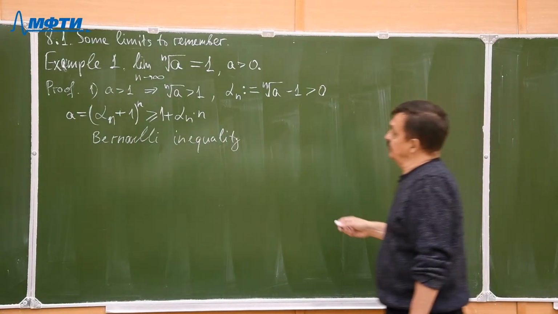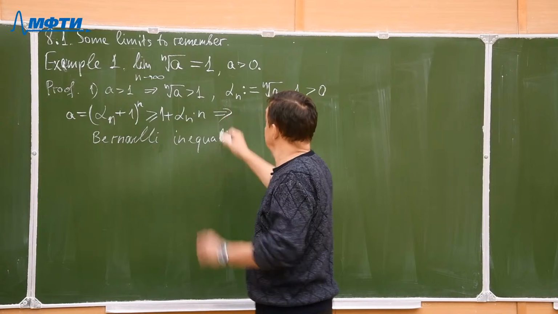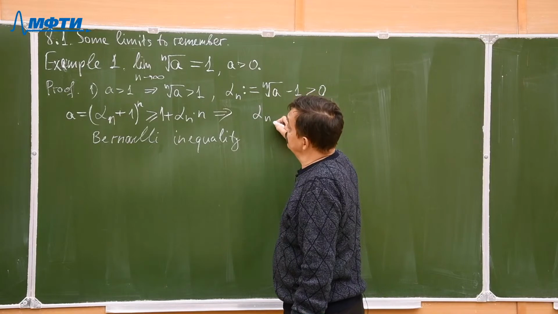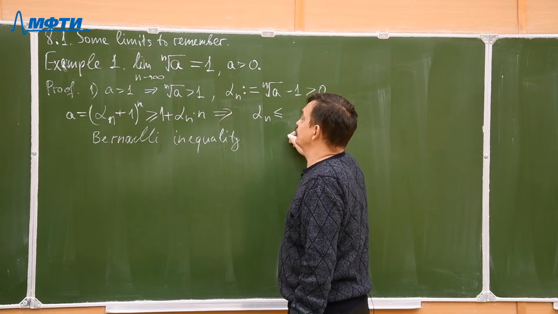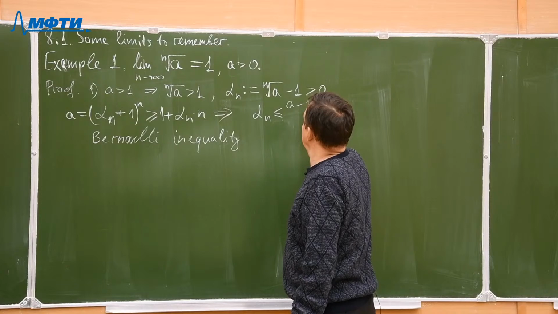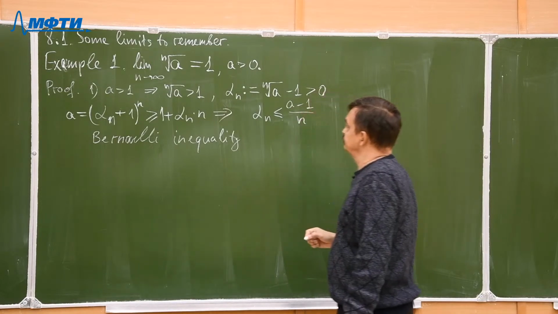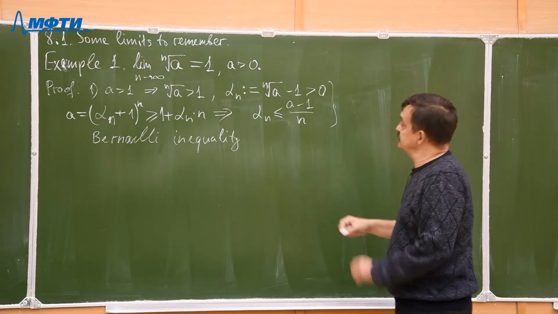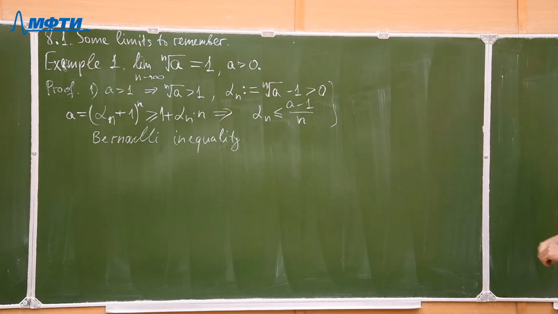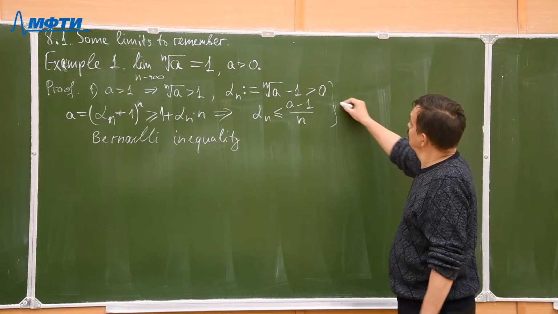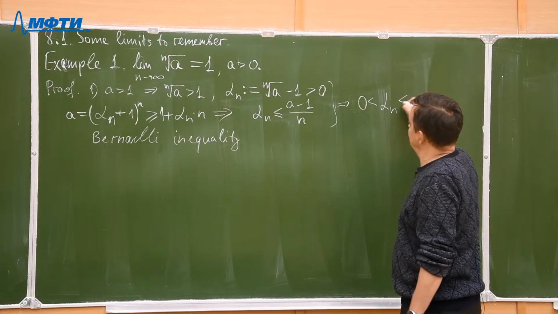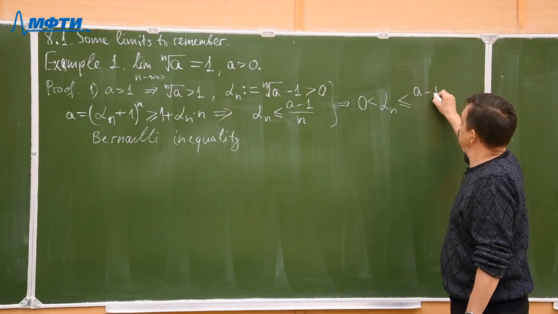So let me rewrite this inequality as follows: alpha n less or equal than (a minus 1) over n. So, if we consider the last two inequalities together, we obtain 0 less than alpha n less or equal than (a minus 1) over n.